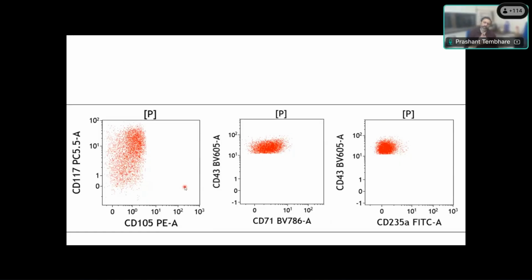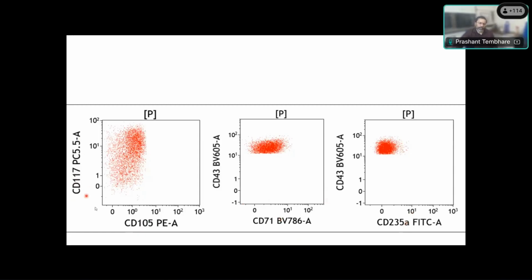These are usually CD34 positive and CD117 positive. The earliest pronormoblast, which immediately differentiates from the CD34 stem cell, is the megakaryocyte erythroid precursor, and those can be studied using a combination of CD117, CD105, CD43, CD71 and CD235A.